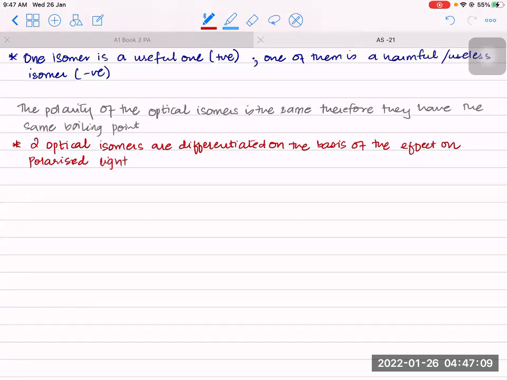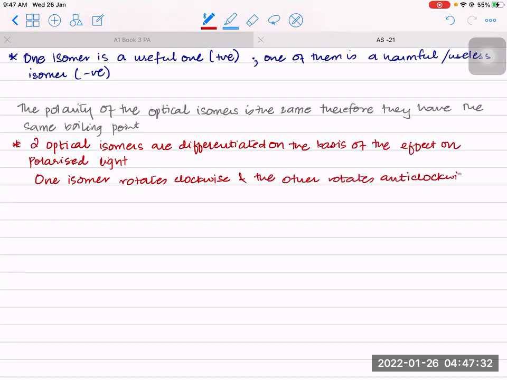One of the isomers rotates clockwise and one of the isomers rotates anti-clockwise in polarized light. So one isomer rotates clockwise and the other rotates anti-clockwise in polarized light. And that's how you differentiate between the two.